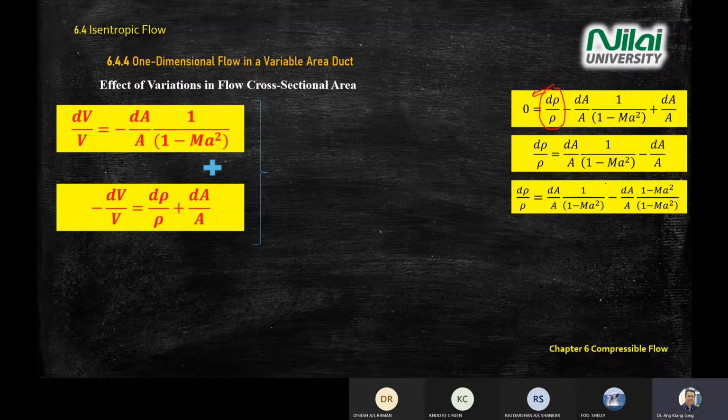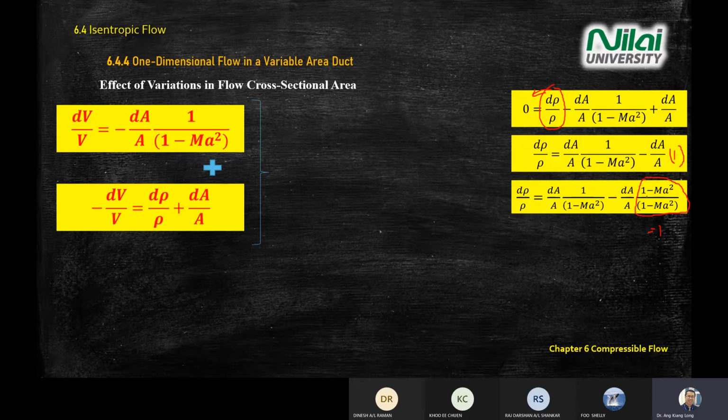Okay, it's the same equation, but we rewrite it. We create a new term in the equation, which is this one equal to 1. You can see, right? 1 minus M squared divided by 1 minus M squared, you get 1. So basically, you're manipulating the equation.